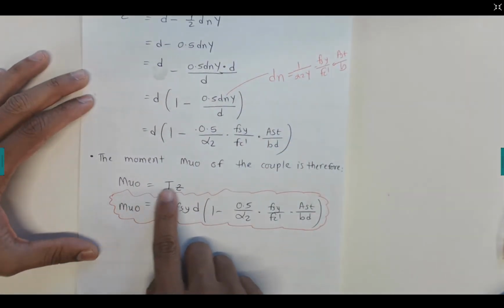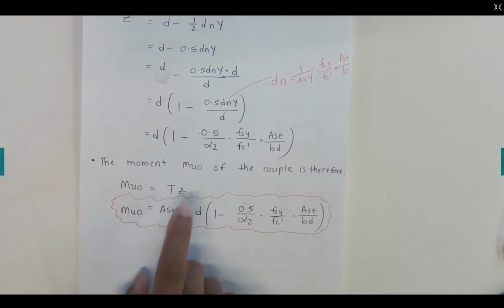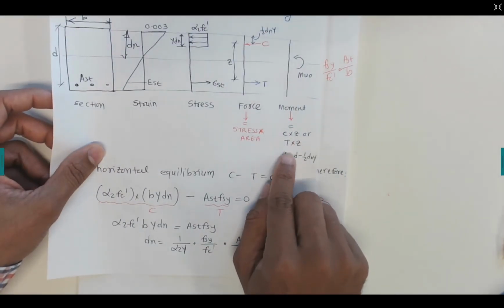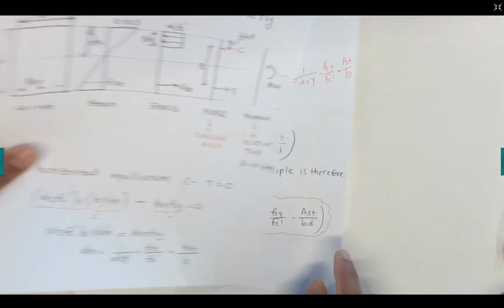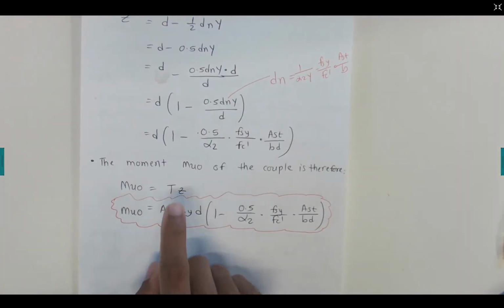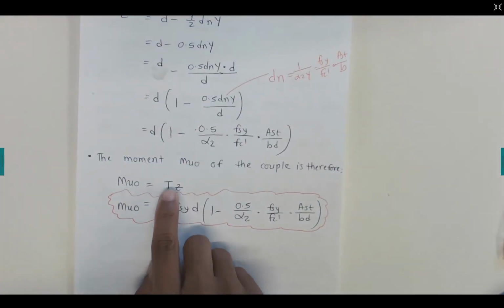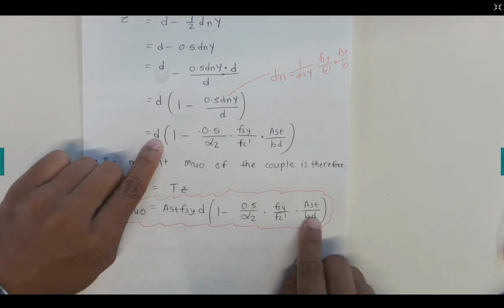Now the moment Mu of the couple is therefore T times z, as you can see here, moment equals force times perpendicular distance. So we substitute the tensile force, which is Ast fsy, and this z value, d times the whole expression.